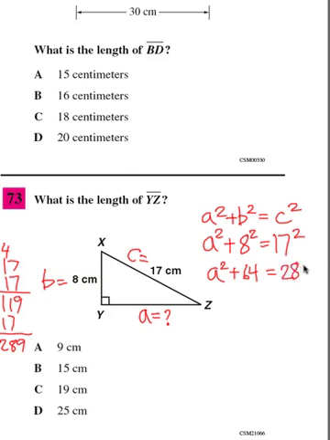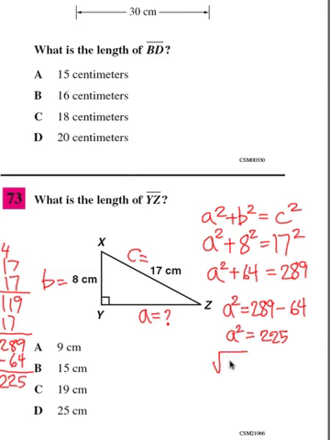A squared equals 289 minus 64. A squared equals 225.